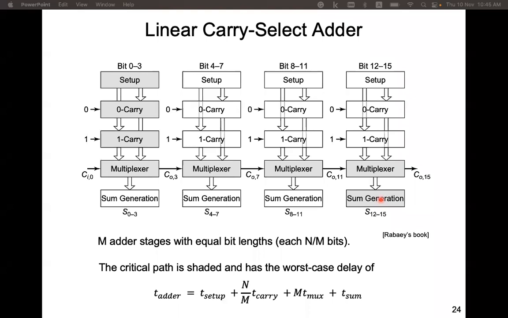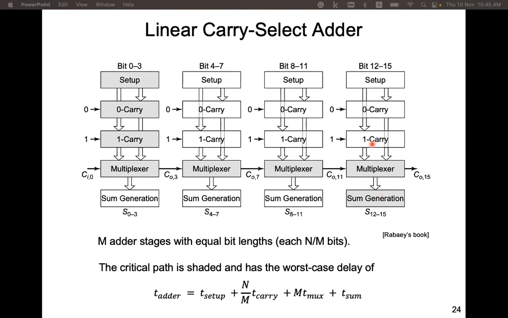Then for the last equation for the carry and multiplexer, there are n bits of carry. I haven't talked about this. Let me talk about why we would need to use the sum generator. Because the result is already calculated in the 0 period.